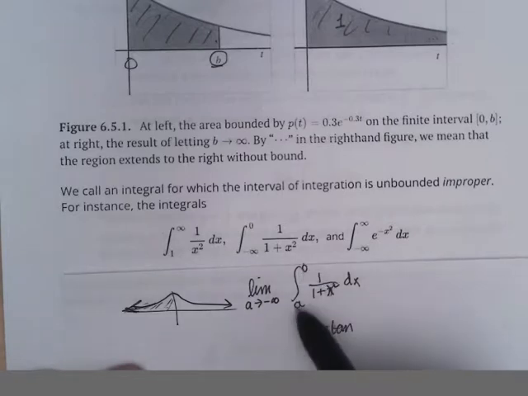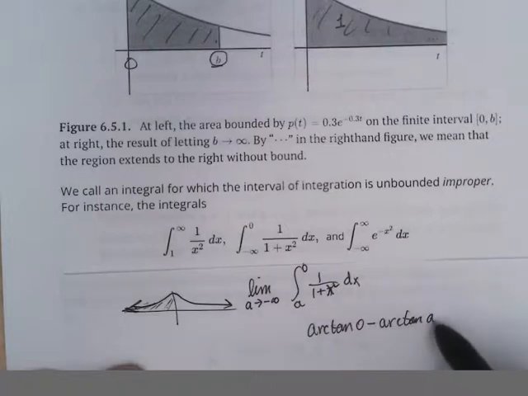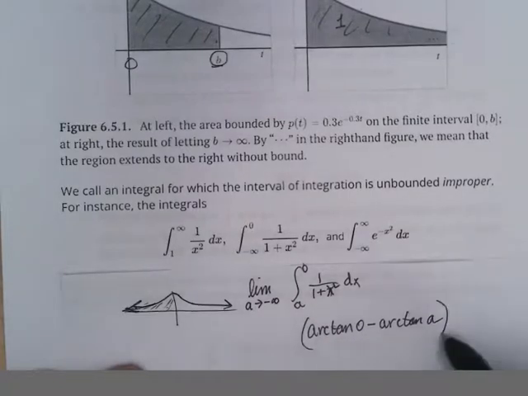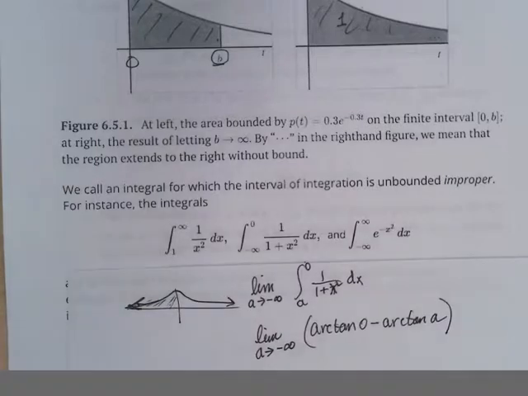And then we're going to put these two in for the limit, so we're going to put an arctangent of 0 minus arctangent of a. And now we want to know what happens as a approaches negative infinity.